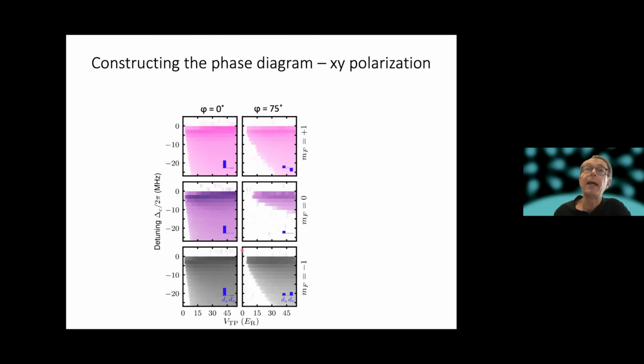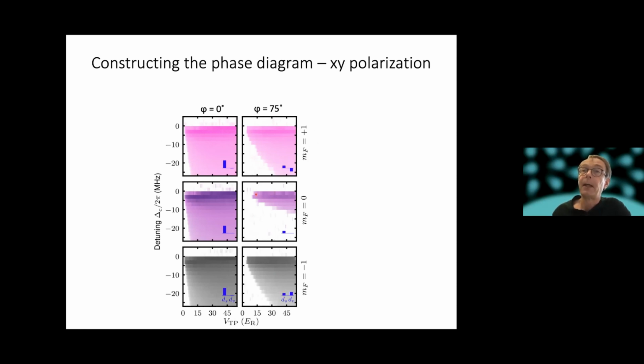Then we see that at 75 degrees, these phase diagrams on the left looked all basically the same. Here, we see that we can self-organize quite easily the MF equal +1 and the MF equal -1.